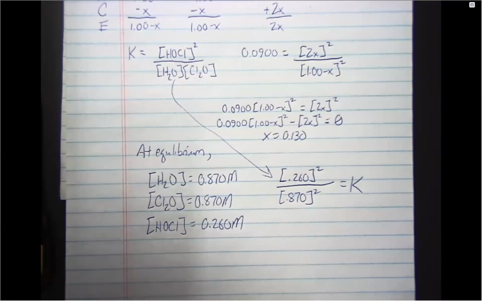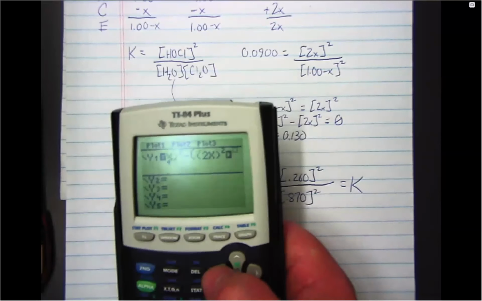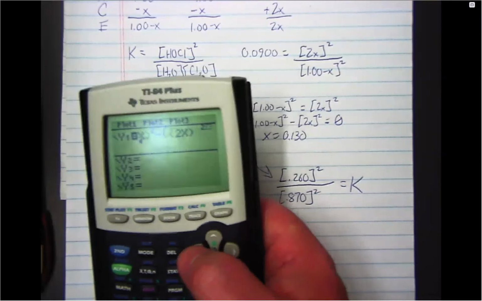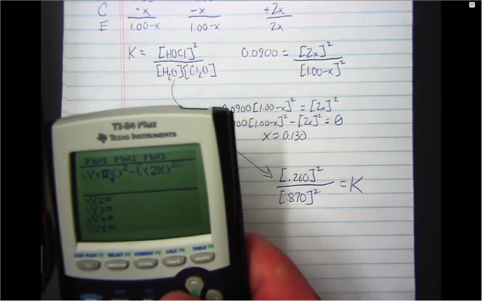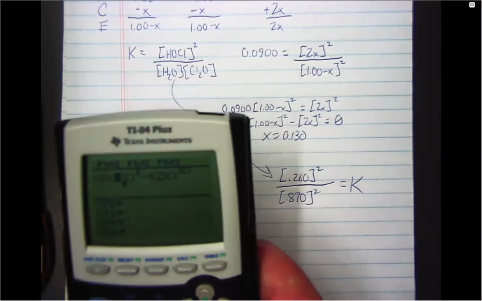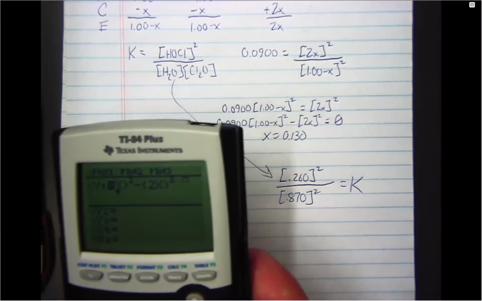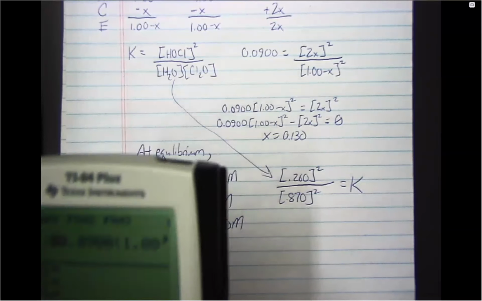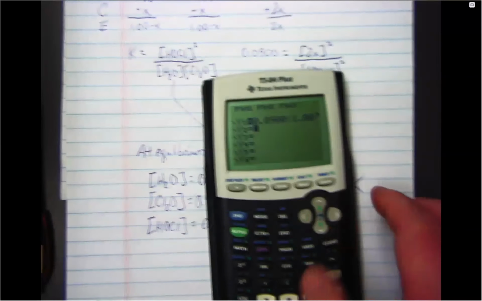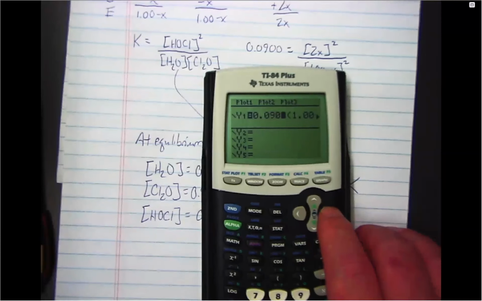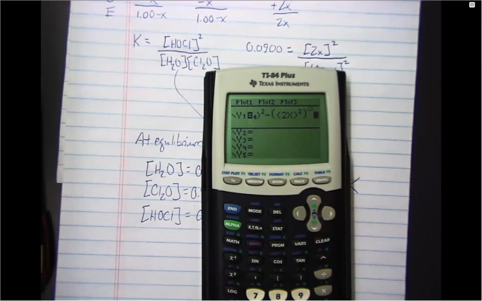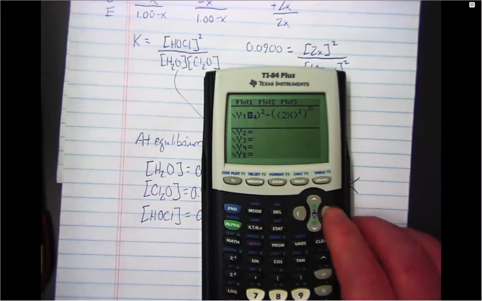I wonder if it's not liking something about all these nested parentheses. Oh, it looks like you had a squared on the outside of that entire thing. There was an extra squared out here. I think that's what was wrong.